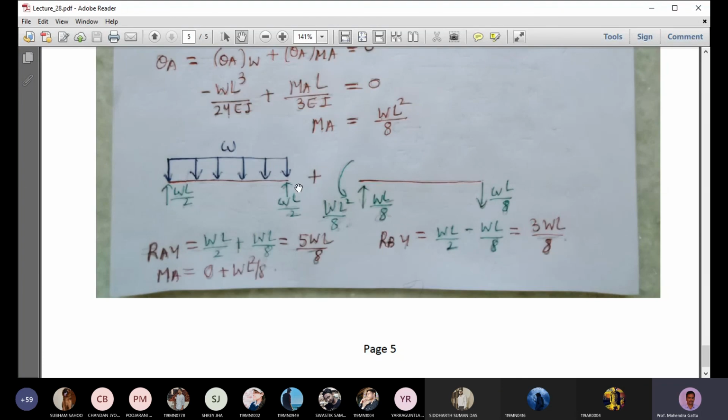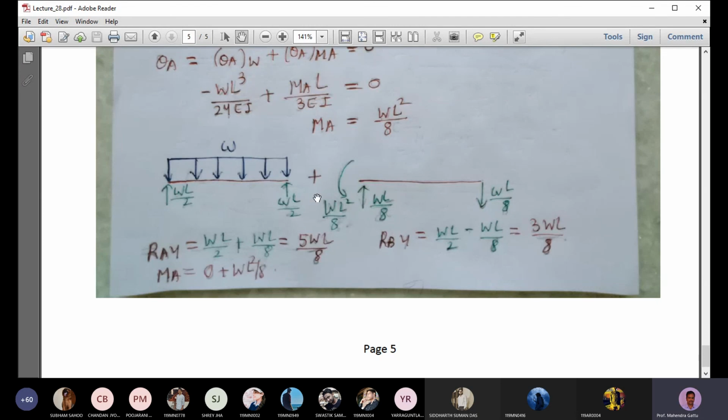Okay, so we can just show all those moments and reactions here. Due to the distributed load, there will be WL/2, WL/2. And due to the applied moment of WL²/8, we have M_A/L, which is WL/8, and again M_A/L in the downward direction, WL/8. So the reaction at A will be WL/2 minus WL/8.